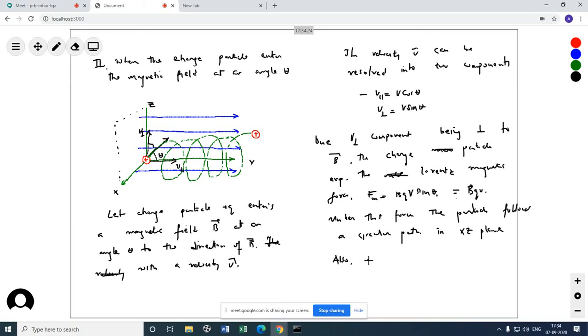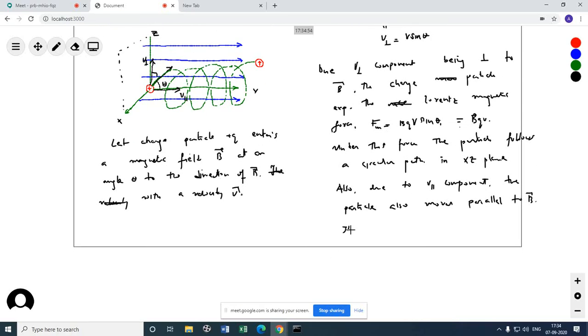Also, due to the V parallel component, the particle also moves parallel to B. The end result is that the particle follows a helical path through the magnetic field.